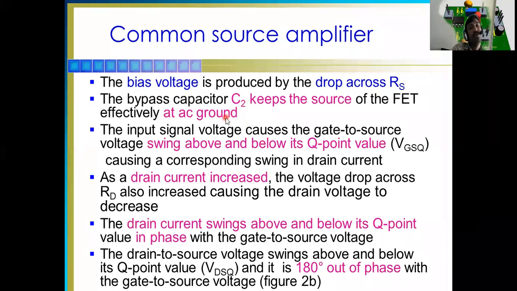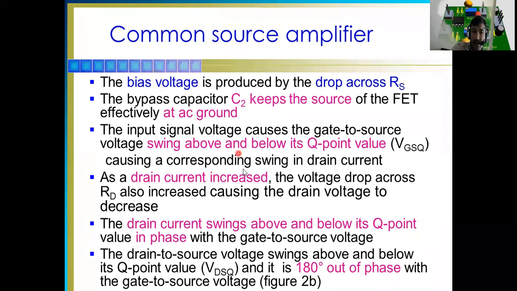There we use CC1, CE1, right? So remember that modification. The whole theory related to that is the same. What is the function of drain, source and gate, you are all aware of.